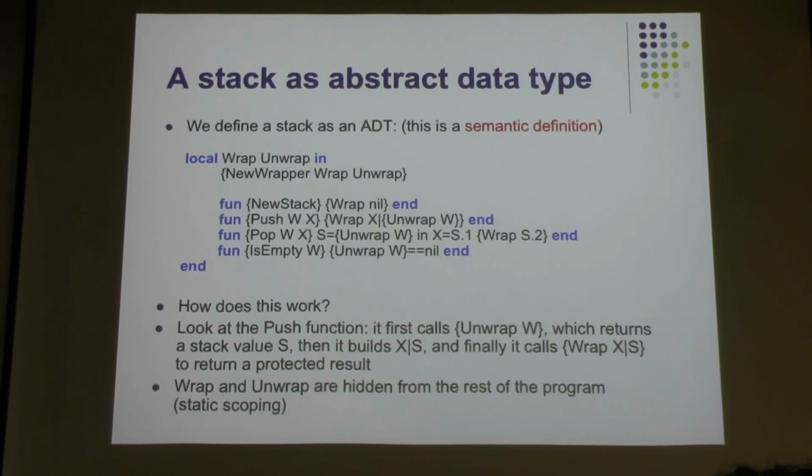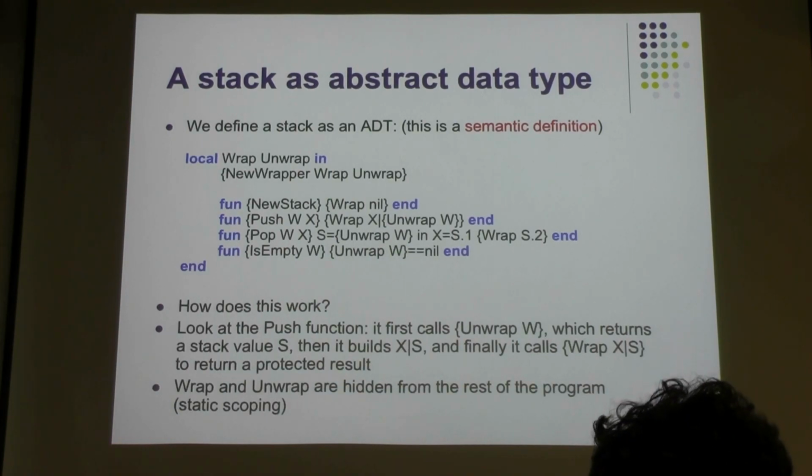It works using a kind of cryptographic function called wrap and unwrap. These are special functions that we will define in this course. So if you want to push X on the stack, W is the stack, which is wrapped, so it is hidden.